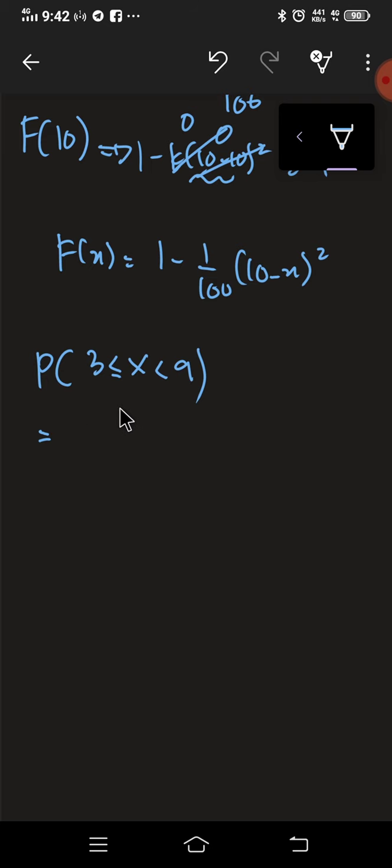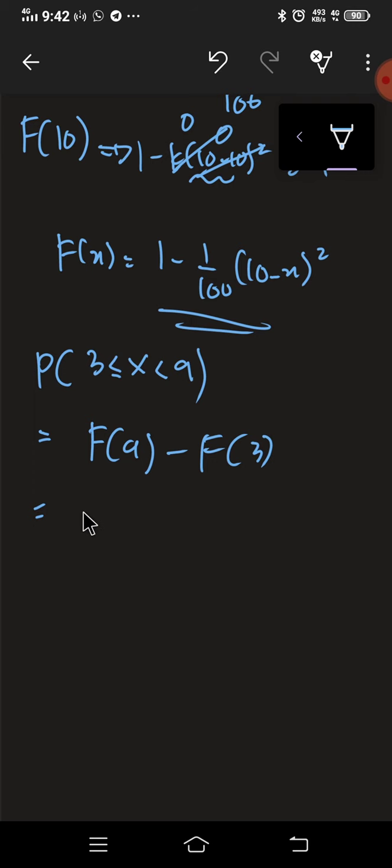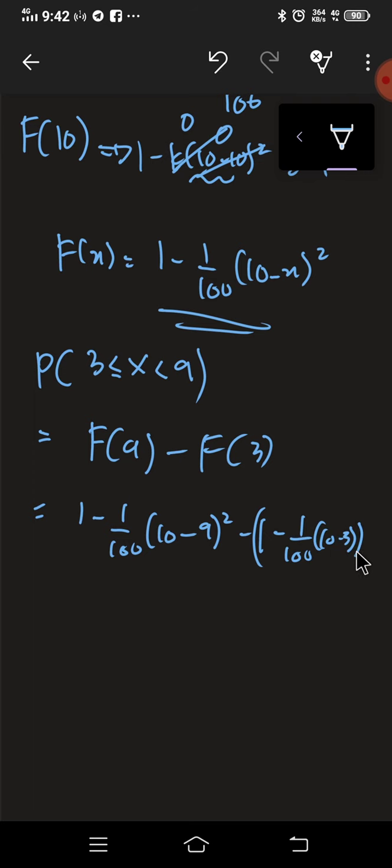The question didn't ask for the PDF yet, so we can use the properties of the CDF, which is equivalent to capital F of 9 minus capital F of 3. So we substitute the value into the function. Which function should we use? Because 3 and 9 are in between 0 and 10, we just use the second piece. So it will be 1 minus 1 over 100 of 10 minus 9 squared, minus 1 minus 1 over 100 of 10 minus 3 squared.